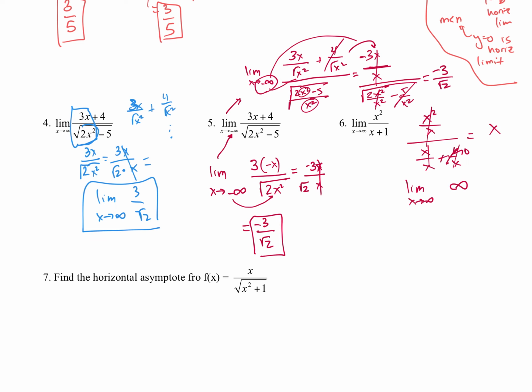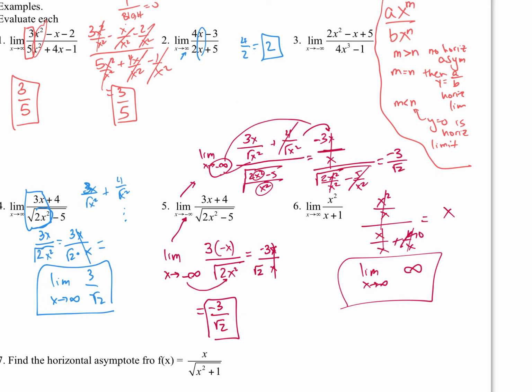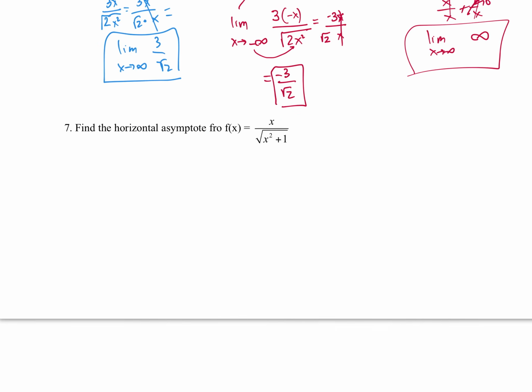It's an infinite limit in this case. Now, if you took a look at it here, the way I told you with these shortcuts, this was the situation where m is larger than n, so there's no horizontal asymptote, so the limit is infinite. Okay, that's that situation right there.